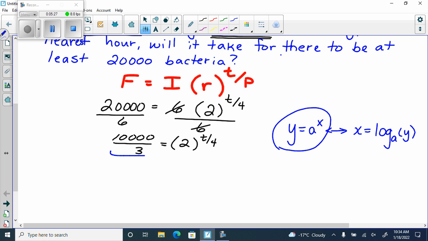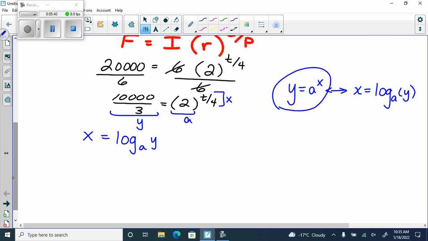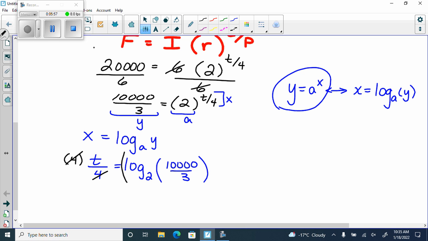So y is the one by itself, a, x, and then I convert it to x equals log base a of y. So it's going to be x, which is t over 4, equals log base 2 of 10,000 divided by 3. And how do I get rid of this division of 4 to get t by itself? Multiply by 4. This whole thing.